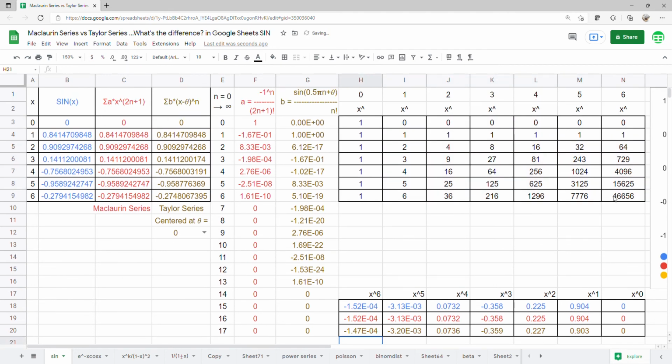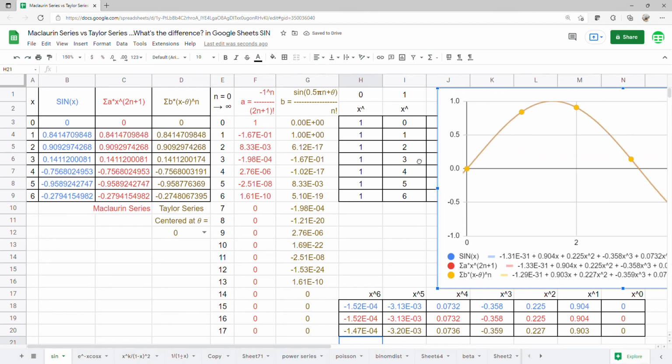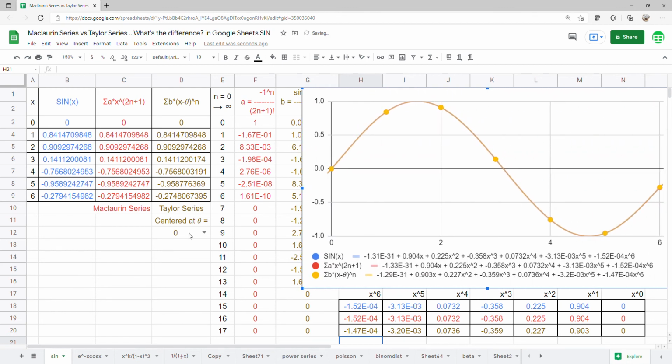And let's compare. So right now the Taylor series is centered at 0, so it's the same as the Maclaurin series. Coefficient of x to the 0, 0. Coefficient of this is 10 times 10 to the negative 31, that's very, very small. Coefficient of x, 0.904, 0.903. Coefficient of x squared, 0.225, 0.227.